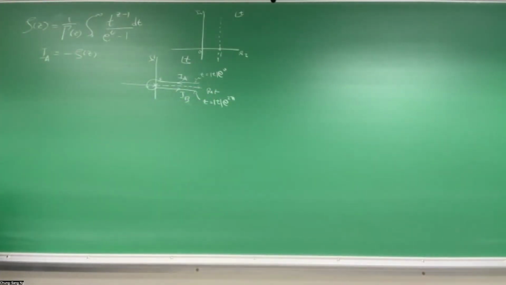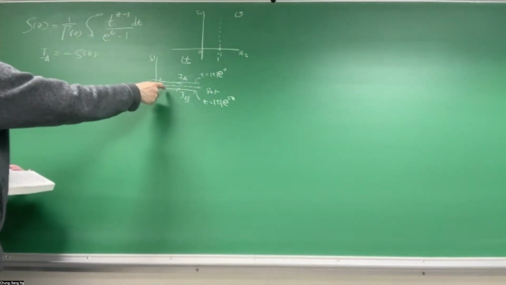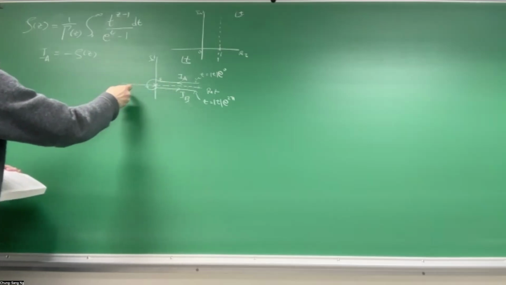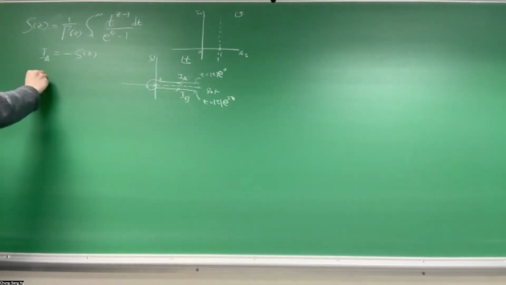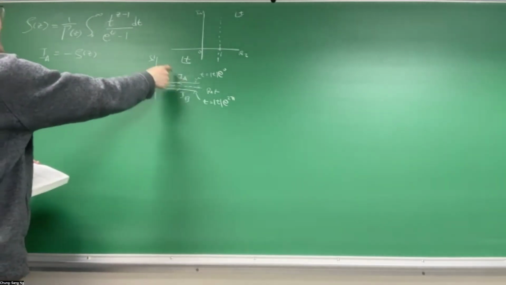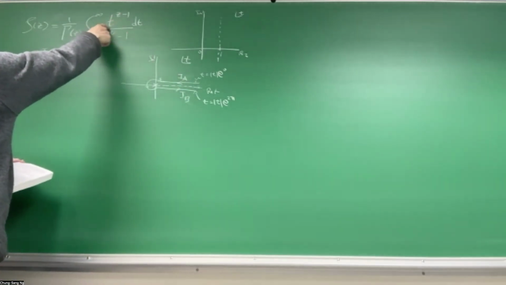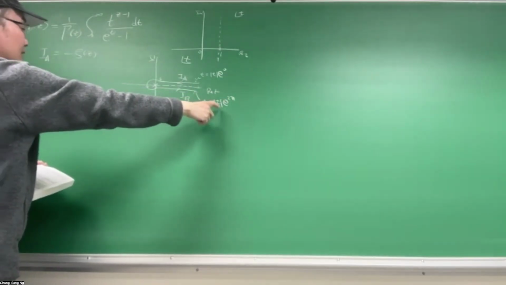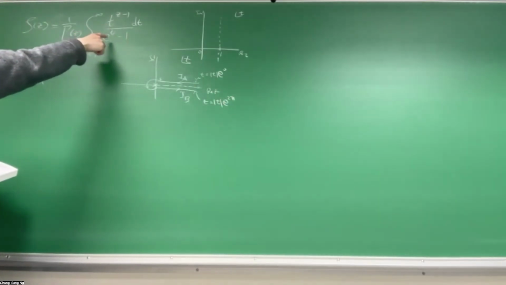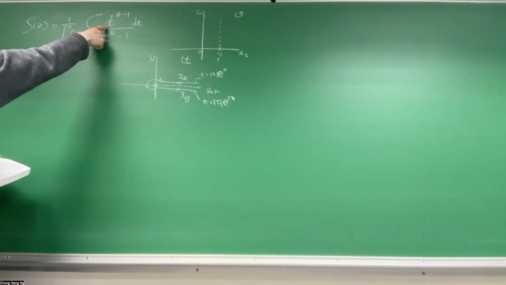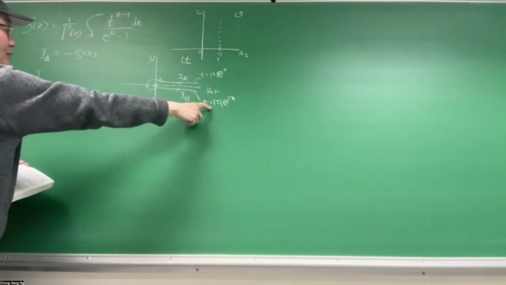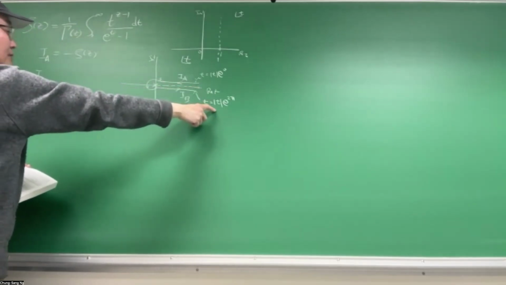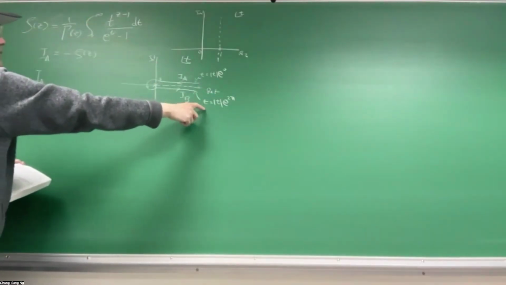So for I sub B, your t has a phase e to the 2 pi. Both t and absolute t are greater than 0, so that doesn't matter.